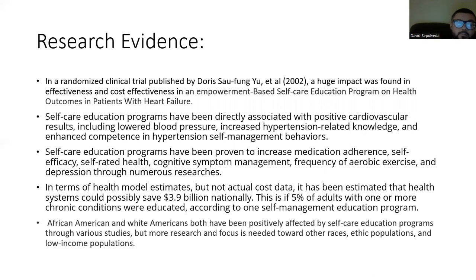So from an economic perspective, in terms of health model estimates, there was an estimate, but not actual cost data evidence, that health systems could possibly save $3.9 billion nationally if 5% of adults with one or more chronic conditions were educated according to a self-management education program.